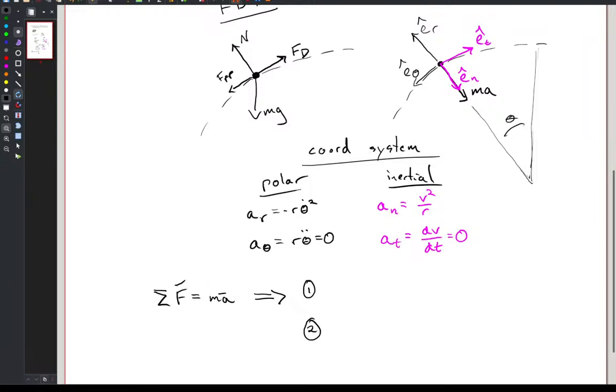Negative r dot squared and r. What is this one called? And r theta dot squared. So this is a 2 and r theta dot squared. Oh yeah. Where does the second term come from?